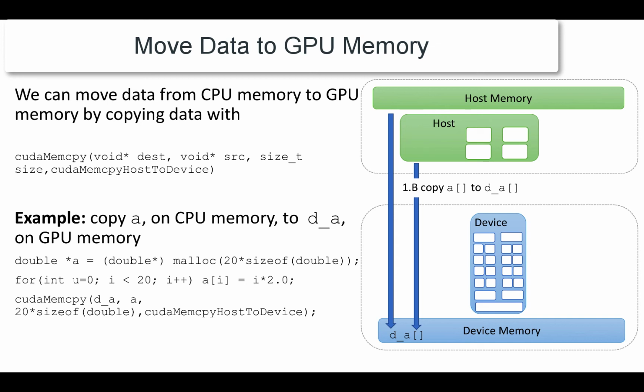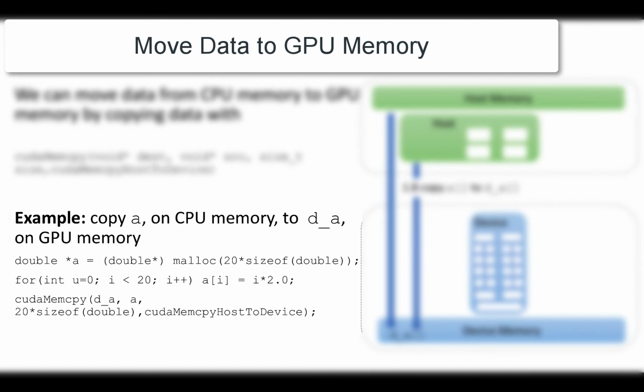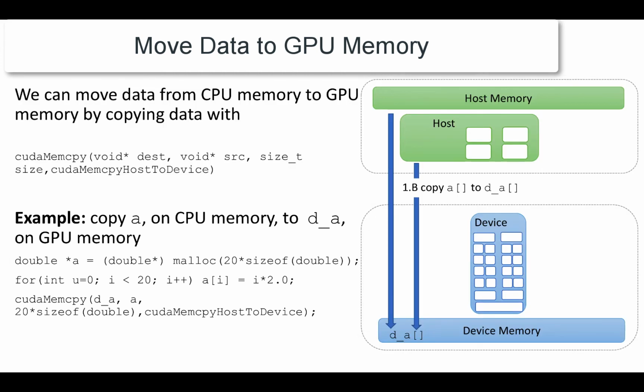And finally, we have the value CUDA memcopy host to device. In the example on the slides, we first allocate A on the CPU, we fill it with some values, and finally we copy A to the GPU memory with the CUDA memcopy function. Here, remember to allocate d_A first with the CUDA malloc.